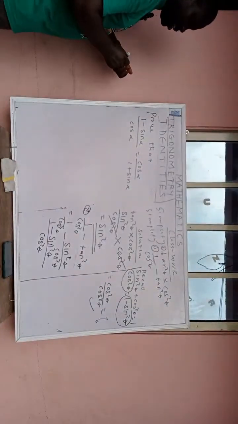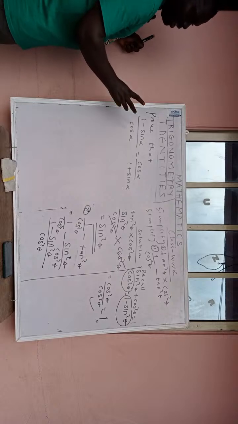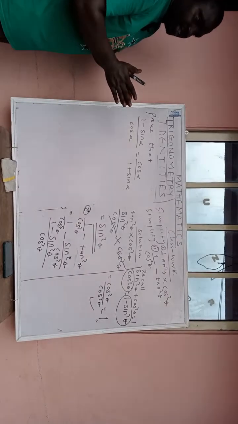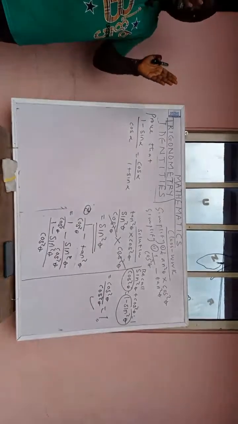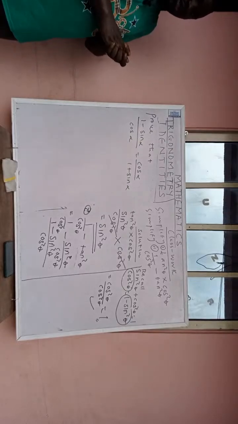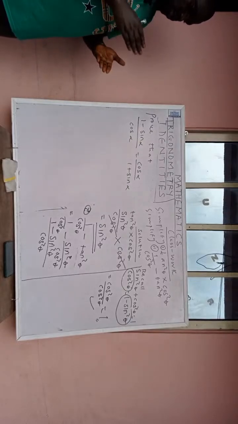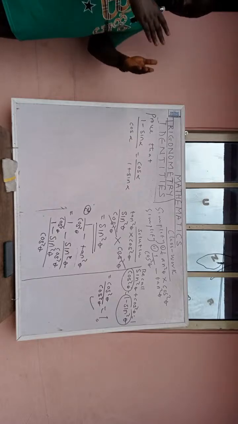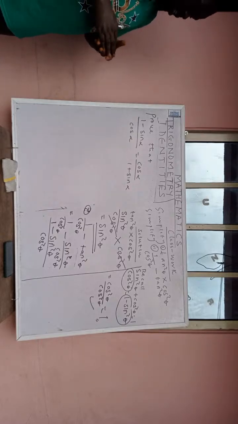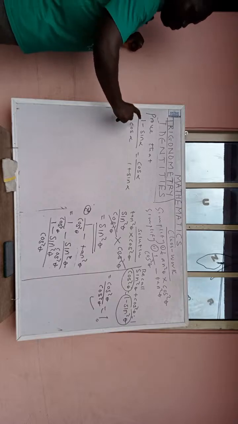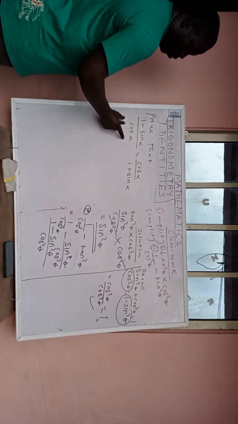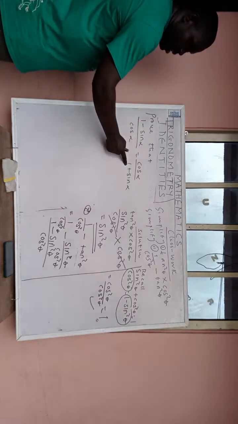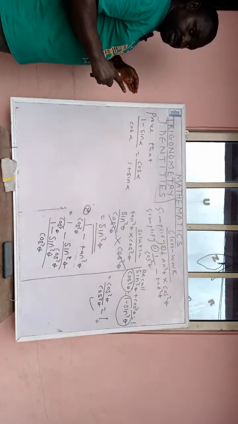Now, looking at this question, to prove, there are 4 ways to show that your equation has been proved. This is so important for a student to note. Number 1, if I pick the left hand side and I solve and I get the right hand side, I've proved the question.